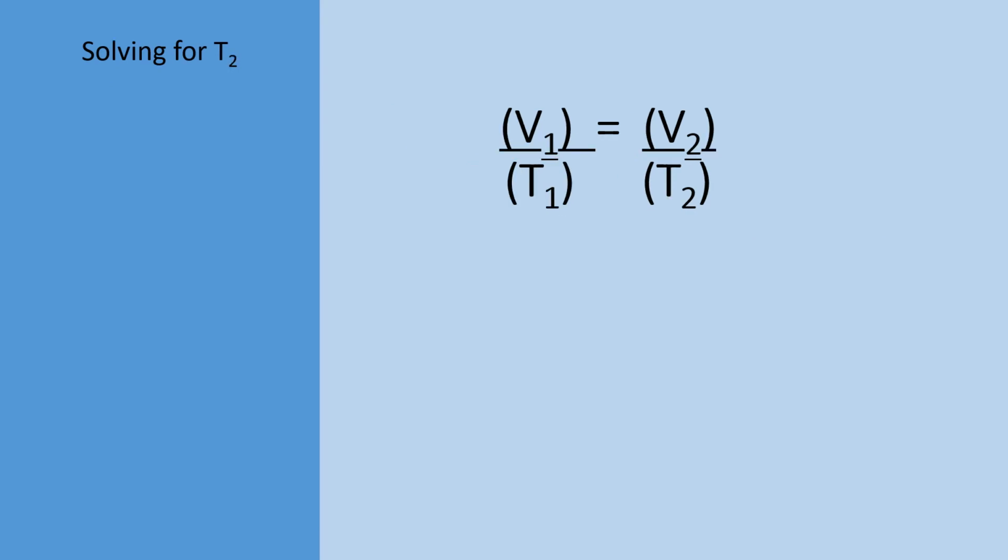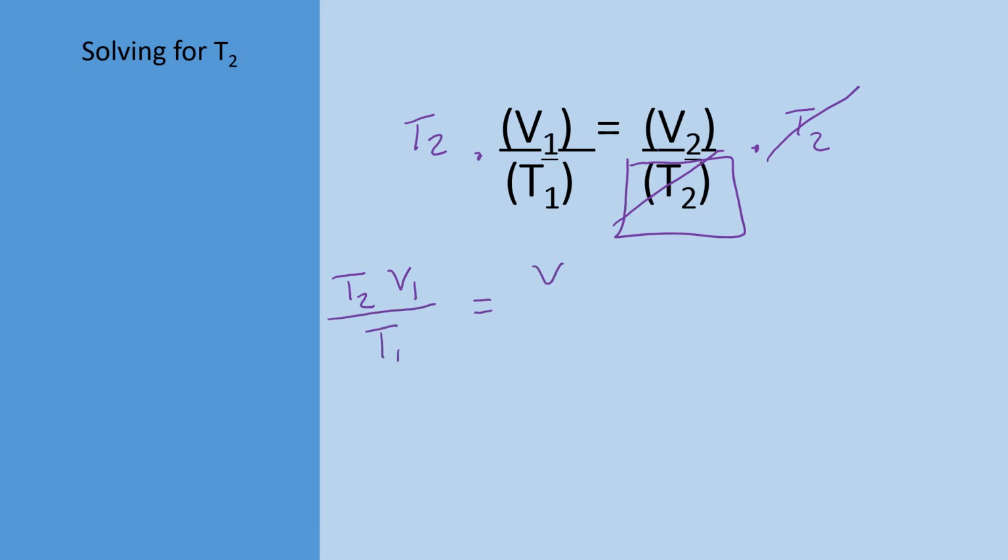Okay, so now we want to try and solve for T2. So the first thing we need to do is get T2 into the numerator. So we multiply both sides by T2. T2 cancels out. So now we have T2 V1 over T1 is equal to V2.